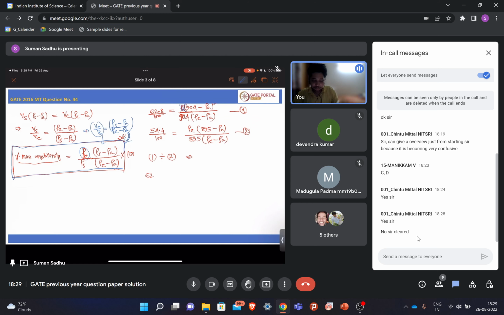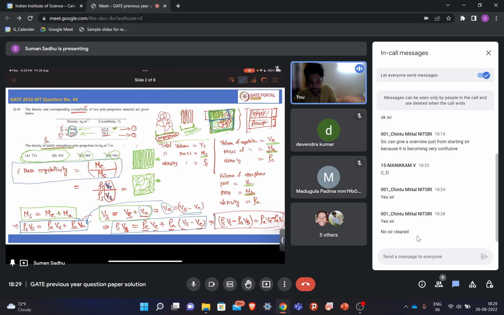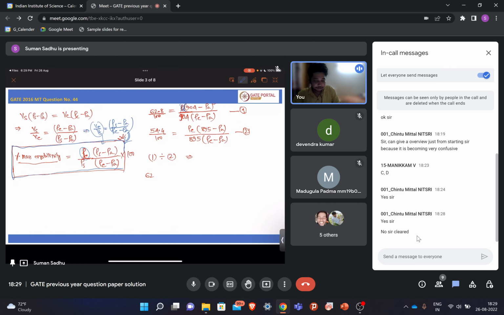And rho s was given, that is the density of the sample. It was given as 904, so the density of the sample is 904 minus rho a, that is the density of the totally amorphous polymer. So in this way we get these two equations, and this is the second equation.